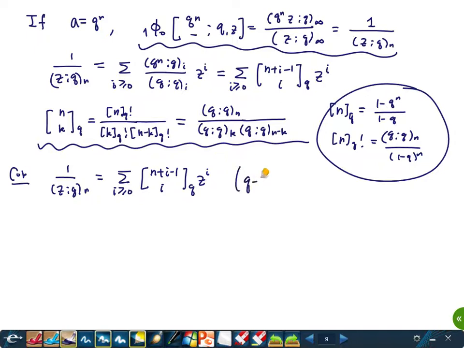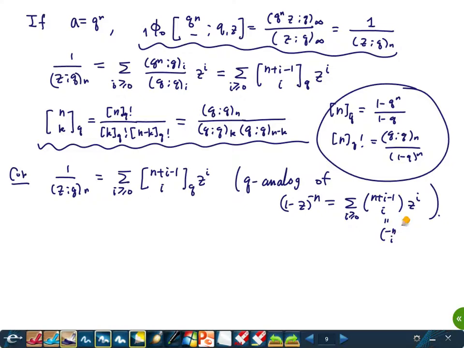This is a q analog of what? 1 minus z to the minus n equals the sum. This is one form of the binomial theorem, right? If you remember, this is nothing but minus n choose i.